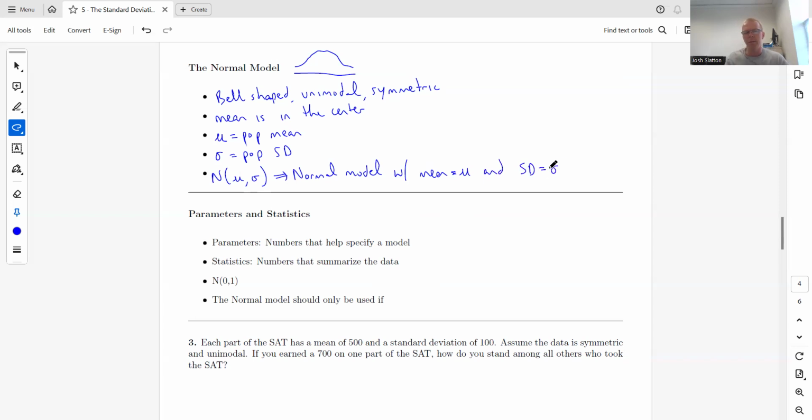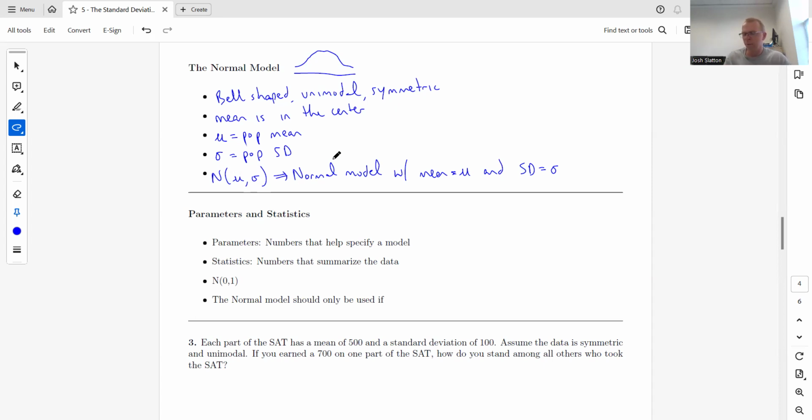Obviously, you don't really put mu and sigma, but whatever those numbers are. So you'll see capital N, and then what looks like an ordered pair with 2 numbers. The first number is the mean, the second number is the standard deviation. That's just a shorthand way to keep from writing all of this. So when you see that, that's what we're doing.